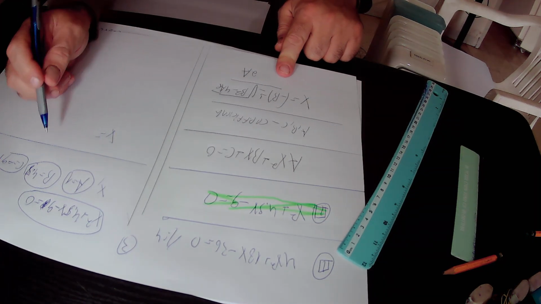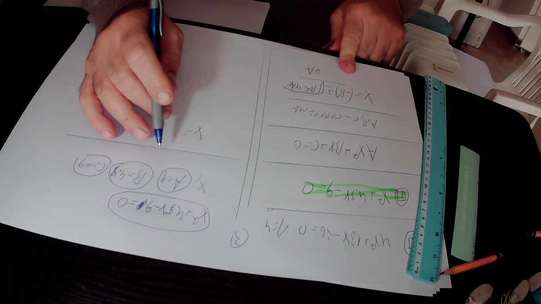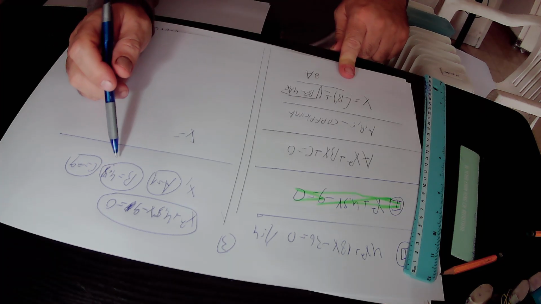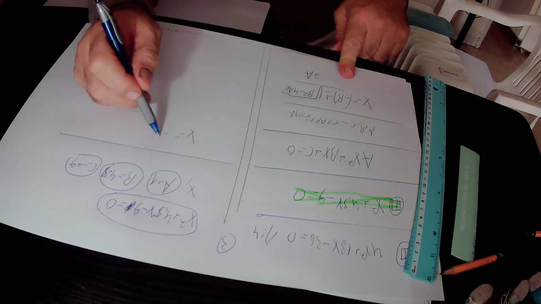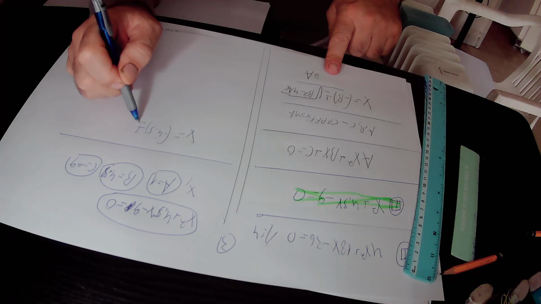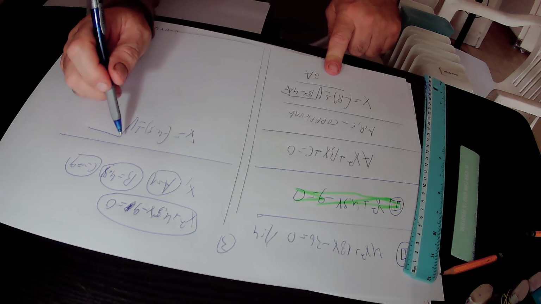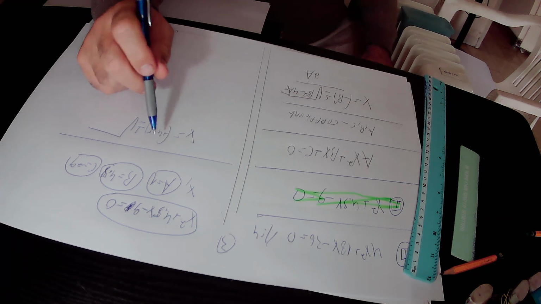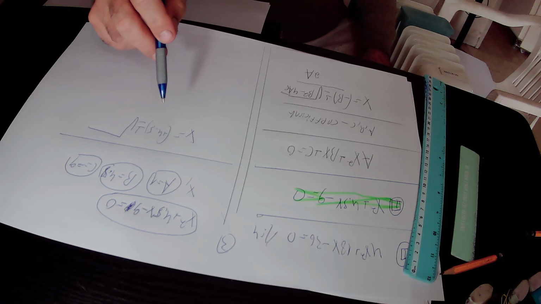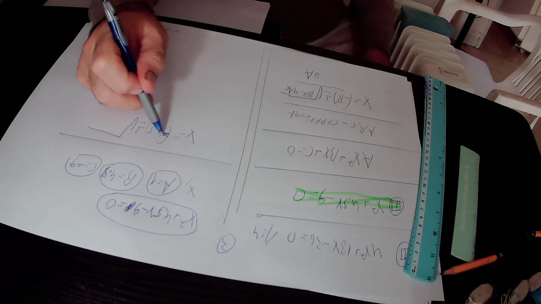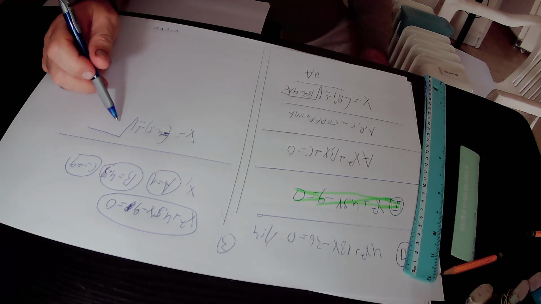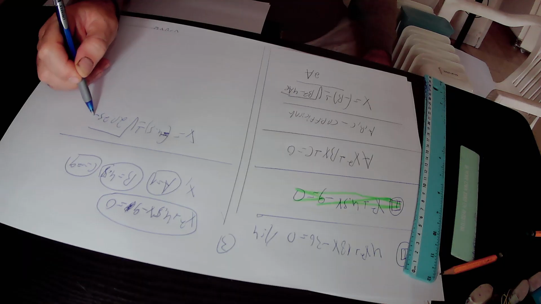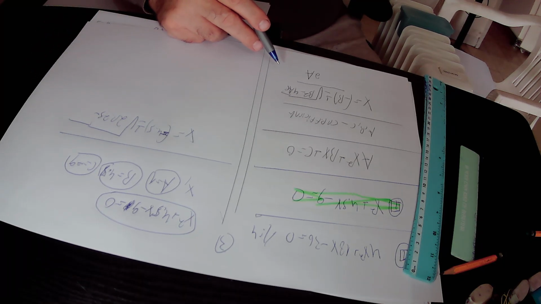x equals minus b. b is 4.5, and therefore minus b is minus 4.5, plus minus square root of b squared. b is 4.5, therefore b squared is 4.5 squared, that is 20.25, minus 4 times a times c.